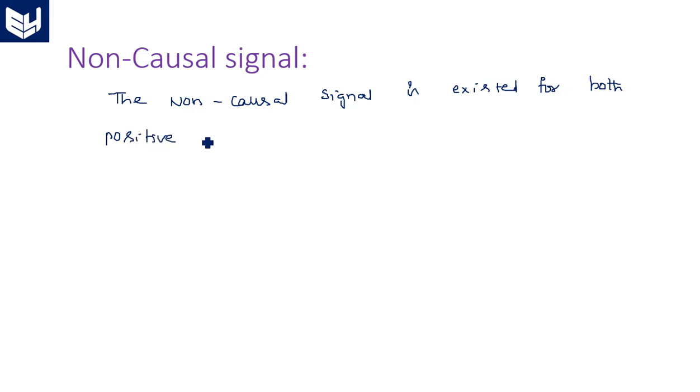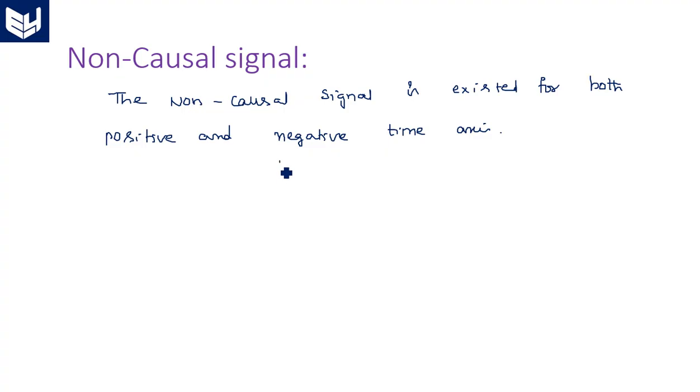Okay, so the non-causal signal is existed for both positive and negative time axis.